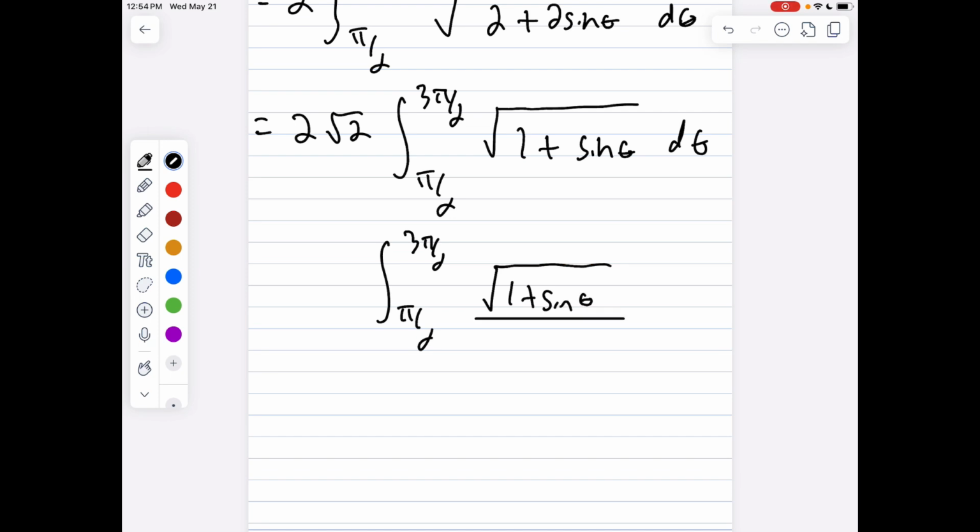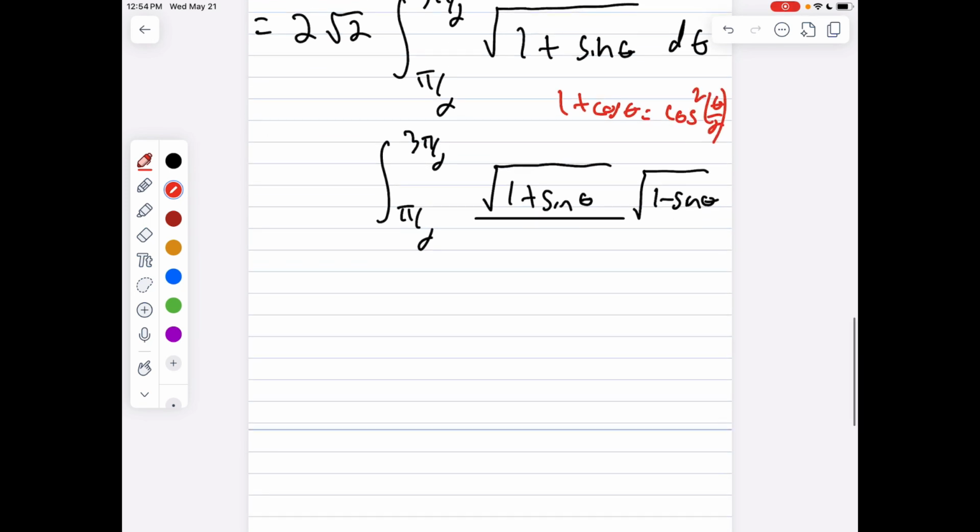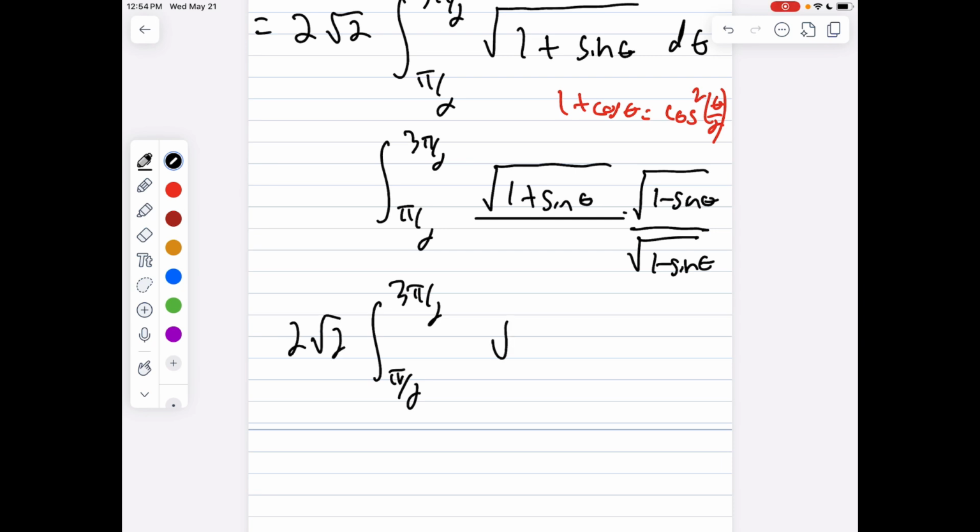If this was 1 plus cosine theta, we could use a formula: 1 plus cosine theta equals 2 cosine squared of theta over 2. But that's not what we're working with here, so this doesn't work. So I'm going to multiply by the conjugate, the square root of 1 minus sine theta. Then we have root 2, and 1 minus sine squared on the inside, all over 1 minus sine theta.